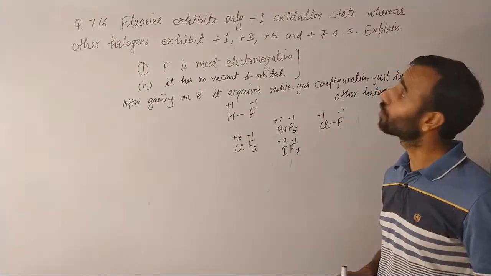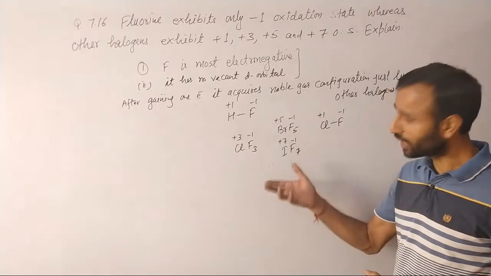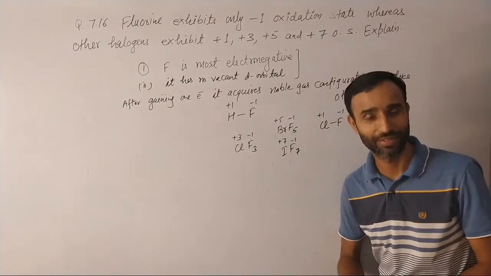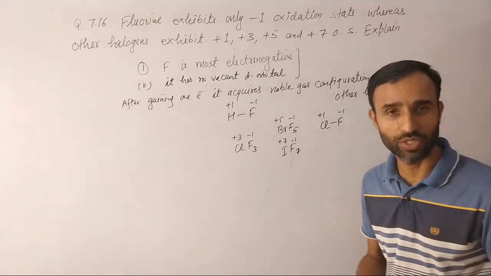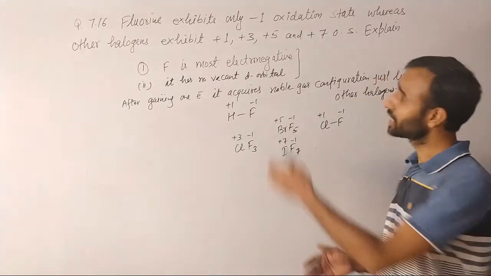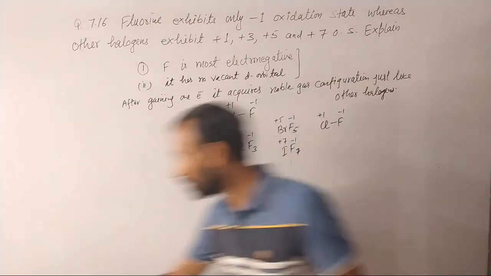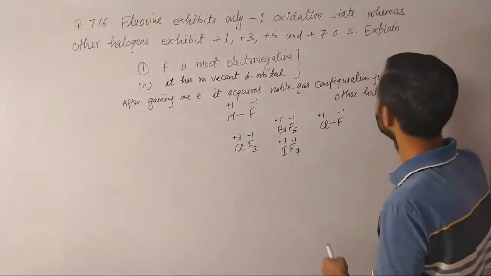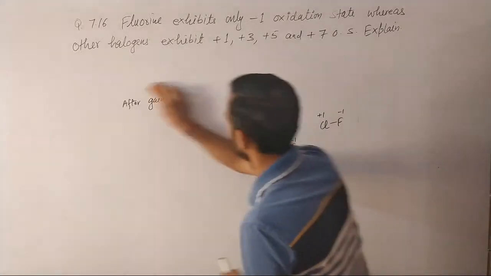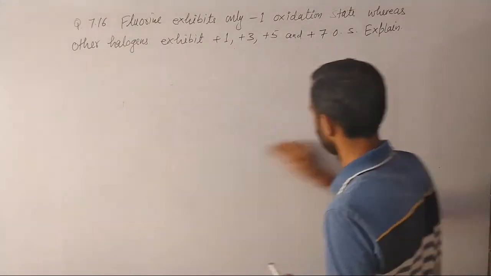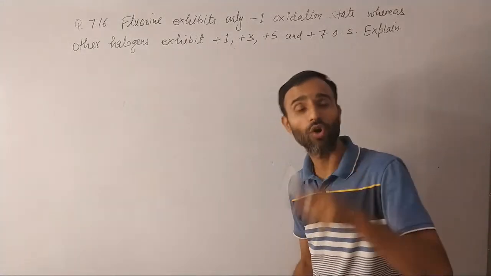But fluorine cannot exhibit. Why is it so? What is special in other halogens? What is additional in these halogens so that they can exhibit positive oxidation states? Yes, they have vacant d orbital.